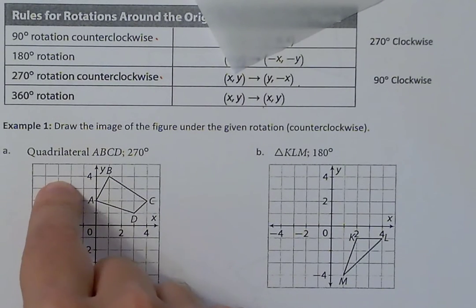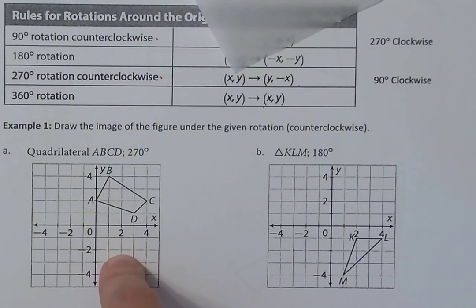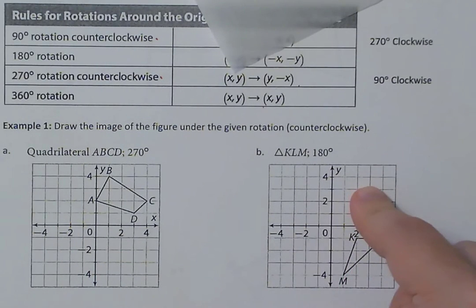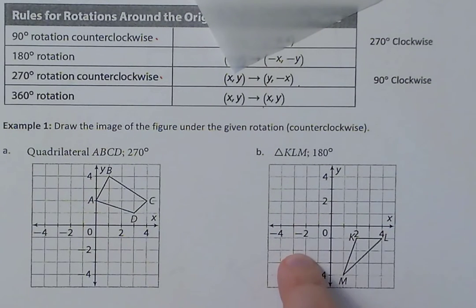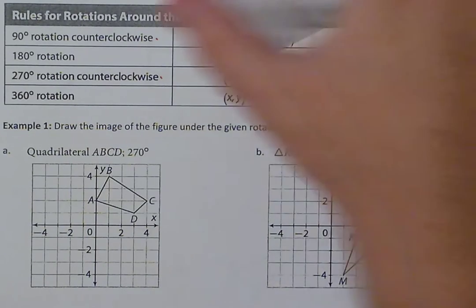Okay, so it's 90, 180, 270. Just like if we look at B, this would be 90, this is 180, 270, 360. So you move left, up and around to form your counterclockwise.